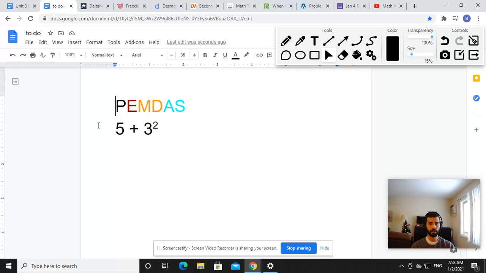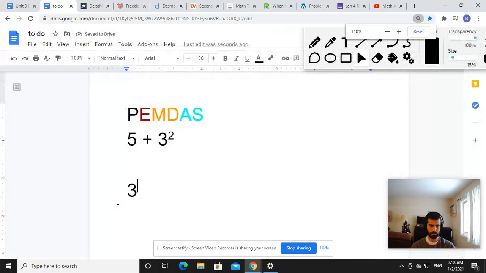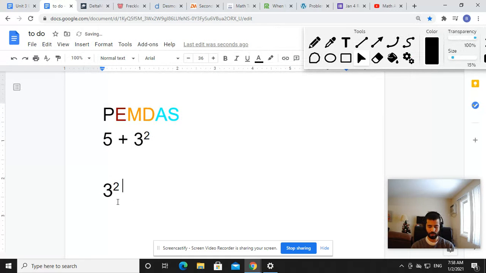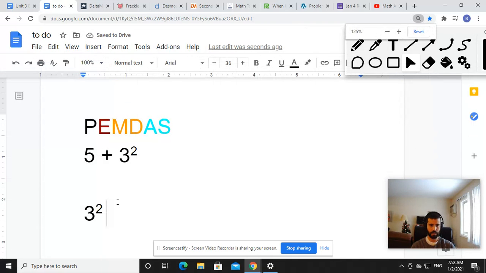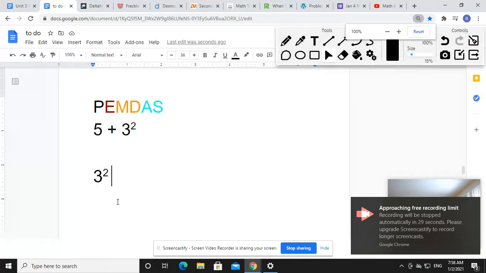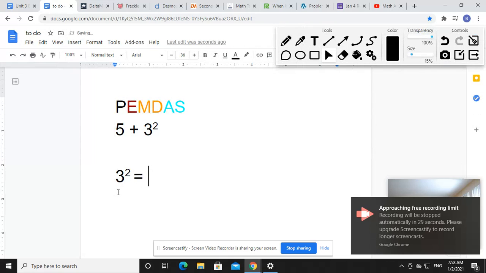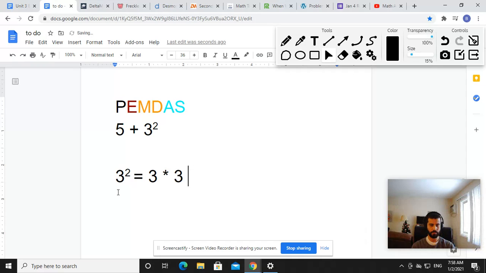Now, 4 plus 3 to the power of 2. Do you remember what that means? If not, here's a quick refresher. 3 to the power of 2 is the same thing as 3 times 3.